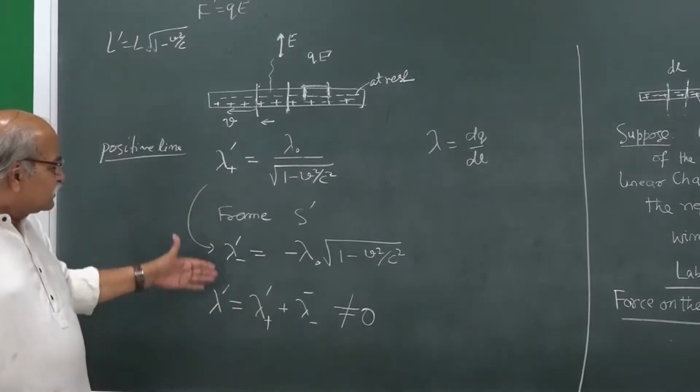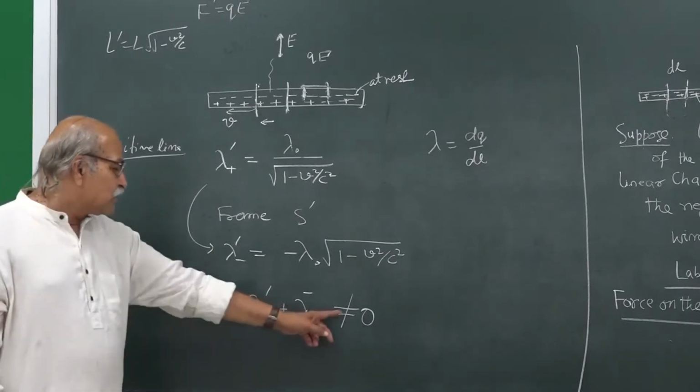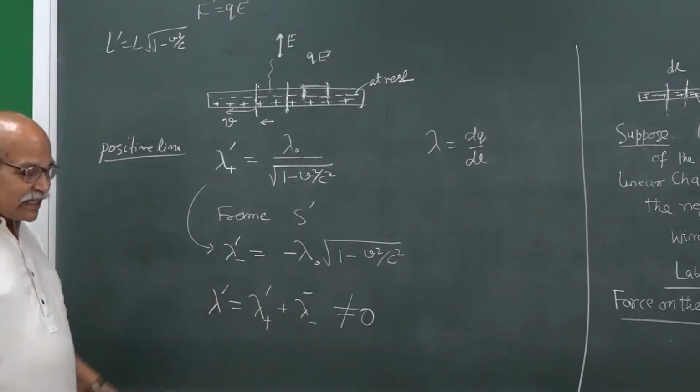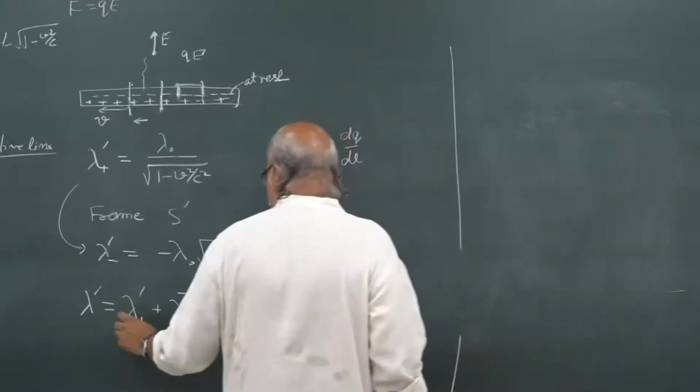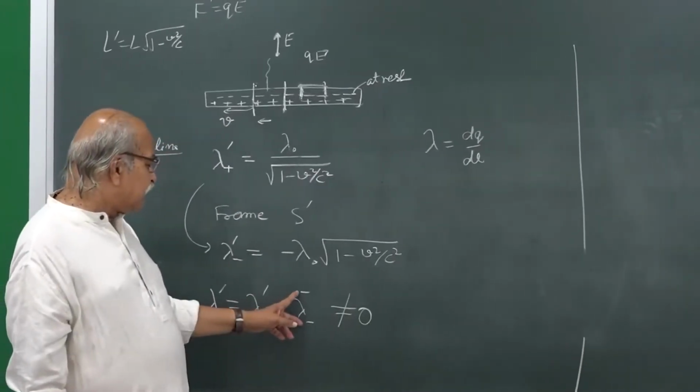How much is the charge density? Let us see how much is the net charge density. This is not equal to 0. How much is this lambda prime? So, let us calculate that. It is lambda plus prime and then plus lambda minus prime.